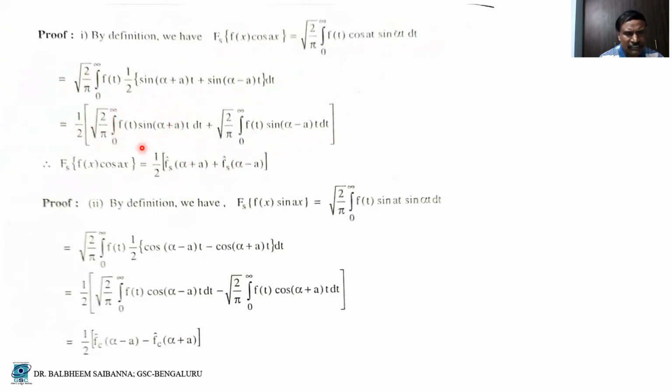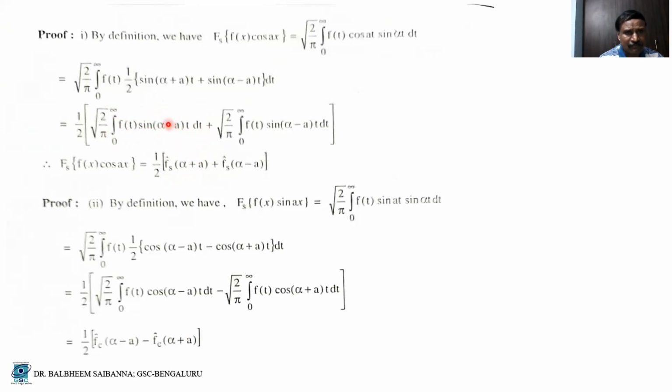This totally is using the Fourier sine transformation. Using this Fourier sine transformation we have to write Fs of alpha plus a. Why? Here alpha plus a is there, but in the definition, root of 2 by pi integral 0 to infinity f of x sin alpha x dx is there.